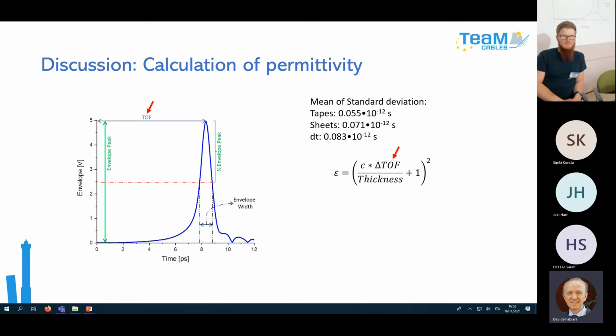Okay, so you do scanning throughout the sample, or just select some points? No, we select all points. Yeah, we scan the complete sample. If we're talking about tapes and sheets, we scanned them completely.